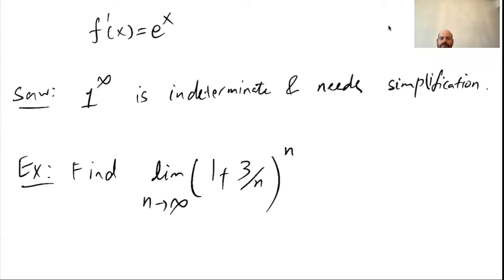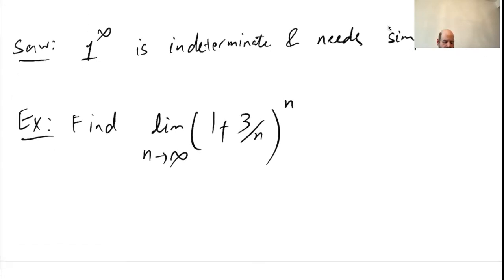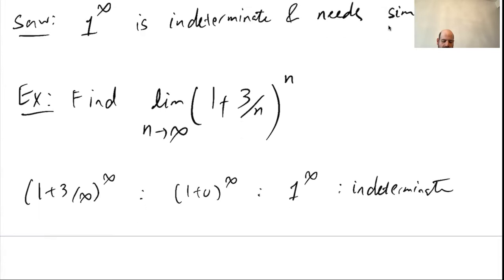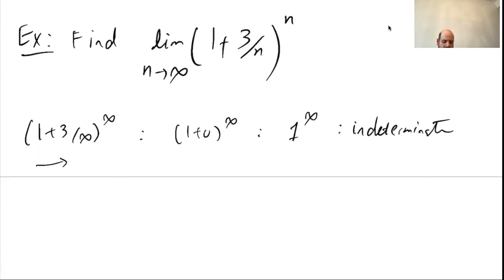The very first thing we can do is replace n with infinity. Then we get 1 plus 3 over infinity, to the power infinity. So that's 1 plus 0 to the power infinity, that's 1 to the power infinity. We just said that is indeterminate, so we need to simplify.